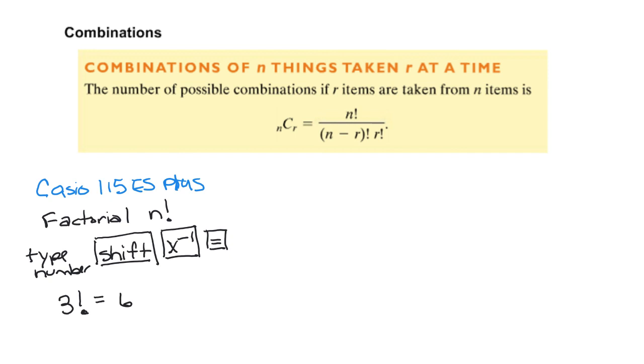If we're looking at performing the permutation, you type your number in, and this number represents the n, and then we press on shift.